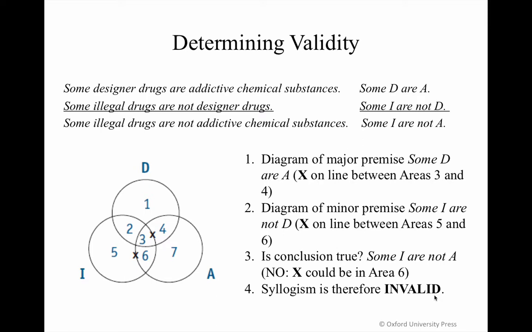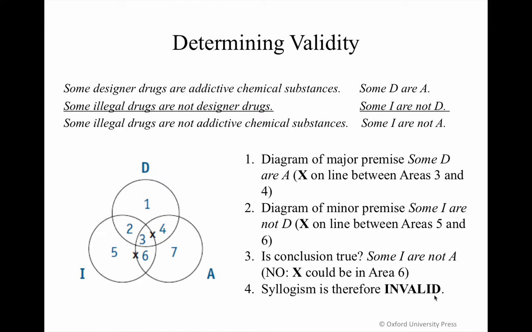Notice that the subject of the conclusion in this case is illegal drugs, and that term has been replaced with a capital I just to make the structure more clear. And then addictive chemical substances is the noun phrase that is the major term that's replaced with A. And then the middle term, designer drugs, is replaced with D.